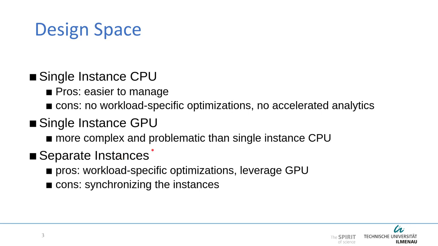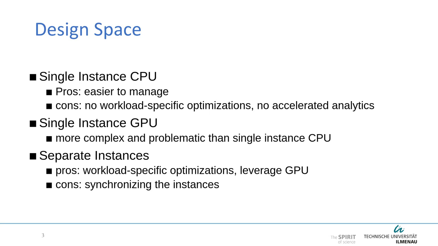And the third alternative is to have separate instances, one on the CPU and the other on the GPU. So we make optimizations on the CPU instance for transactions and optimizations on the GPU instance for analytics. The advantage of this approach is, unlike the other two approaches, we can make workload-specific optimizations because we have different instances for each workload.